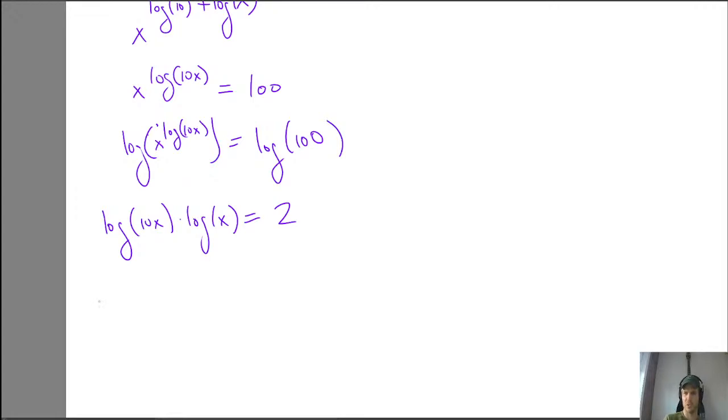What if I exponentiate both sides? Let me try that. So we'll do 10 to the log 10x times log x equals 100.